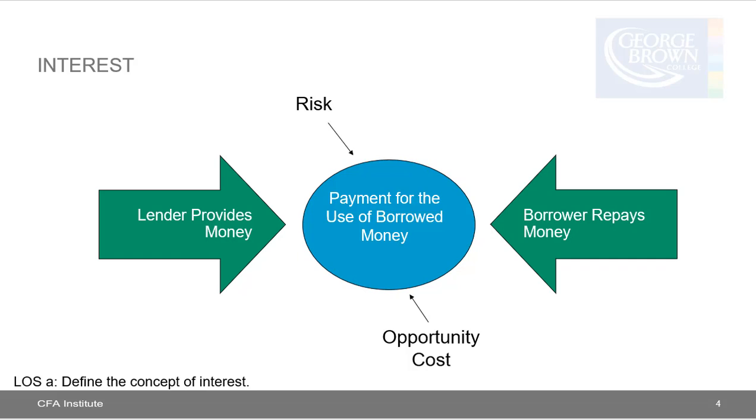Another risk is that as a result of inflation, prices of goods and services increasing, the money received may not be worth as much as expected in the future. In other words, a lender's purchasing power may decline even if the money is repaid as promised. The greater the expected inflation, the higher the level of interest demanded by the lender.